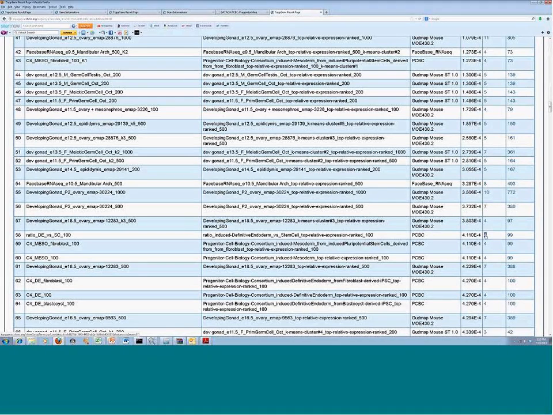So I guess that's a scientific question. Is the other direction of expression equally interesting or valid, or how is that pulled out? That is pulled out by the reversal of these terms. So we would look for a list that says stem cell versus definitive endoderm top 100. It's automatically generated, the top and the bottom.